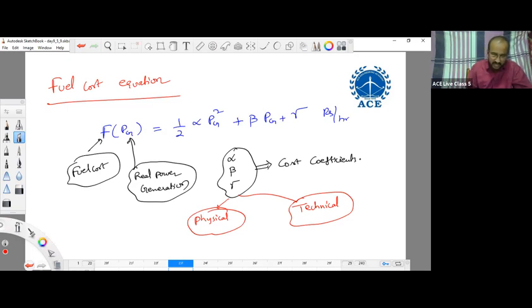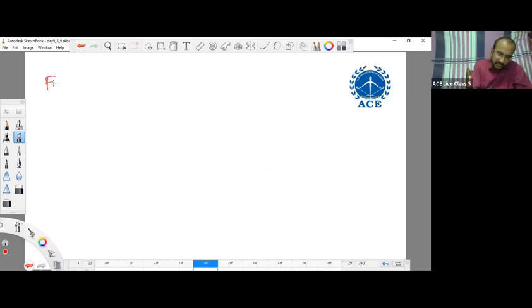Now, what do you mean by fuel cost curve? Fuel cost curve means what?